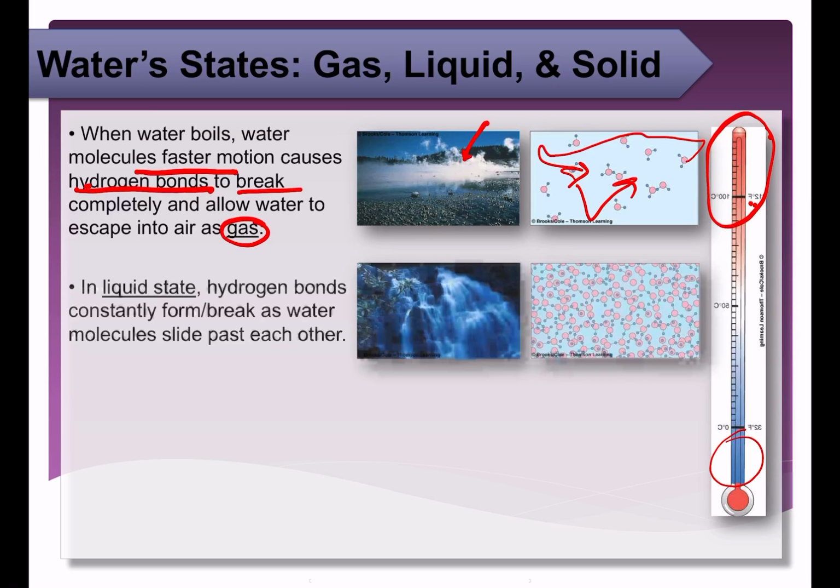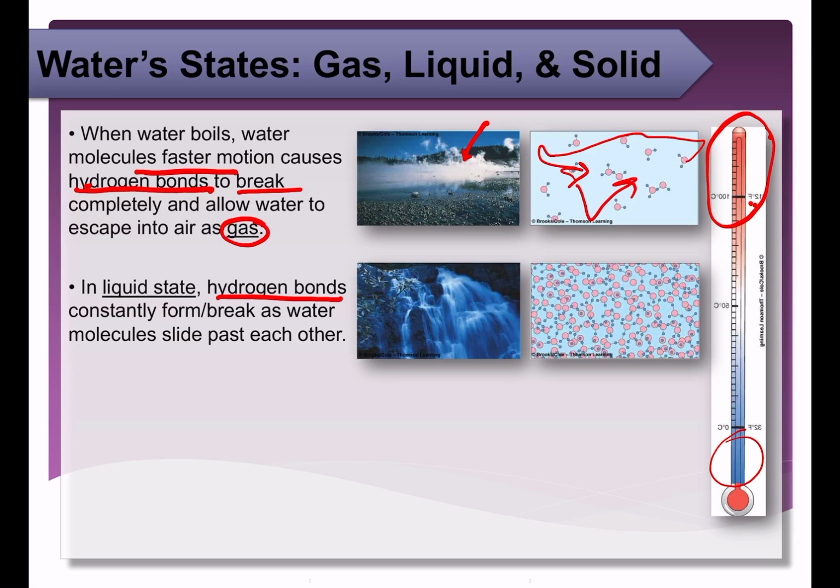Now, at lower temperature, for example at room temperature, there is less heat available, and the water molecules slow down their movement. It allows for formation of hydrogen bonds once again between different water molecules and gives them what's called surface tension, a concept that we will talk about next.